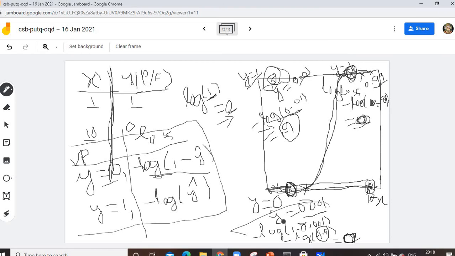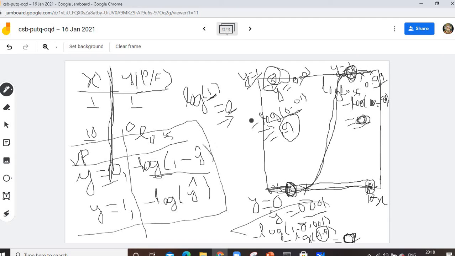As y is equal to 0, it will be minus log of 1 minus y hat, 1 minus 0.001. So it will be log of a big number, approximately 1. Log of 1 is always 0. So my loss tends towards 0. My loss is minimizing.